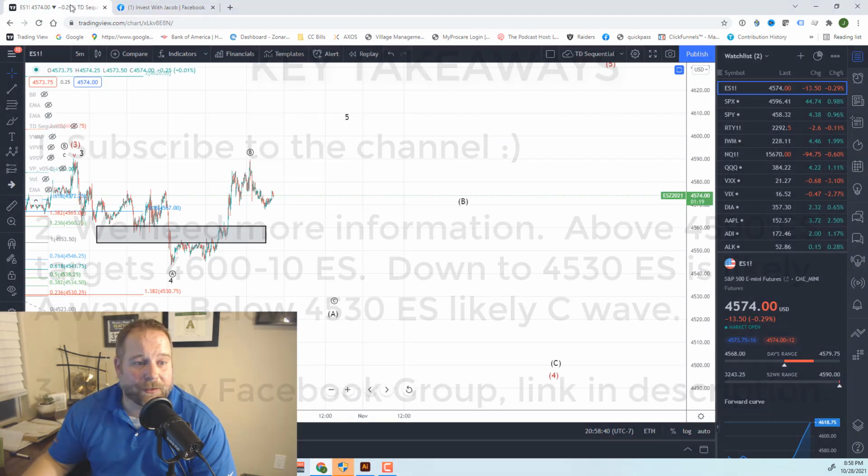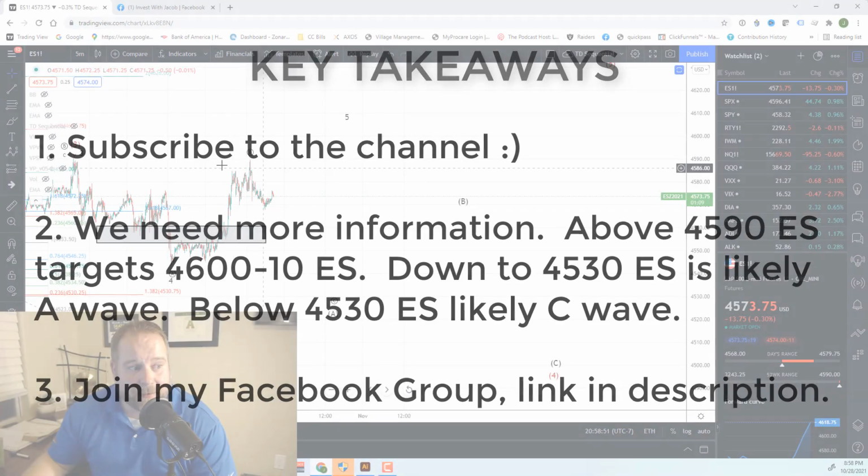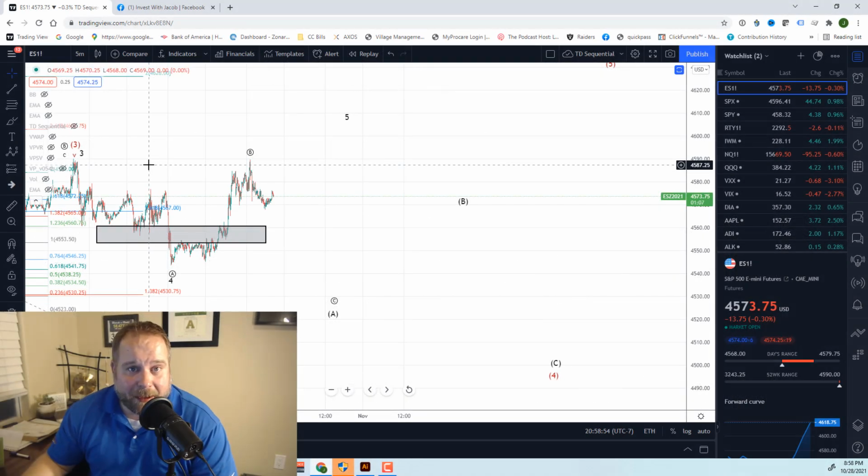Okay, key takeaways for today. We need more information, okay? Without a little bit more information on how this double top is going to play out, we really don't know which path the market's going to take, but we have our key levels. So 4590, the all-time high, that's our key level to moving up. If it breaks through that, we should expect 4600 to 4610.